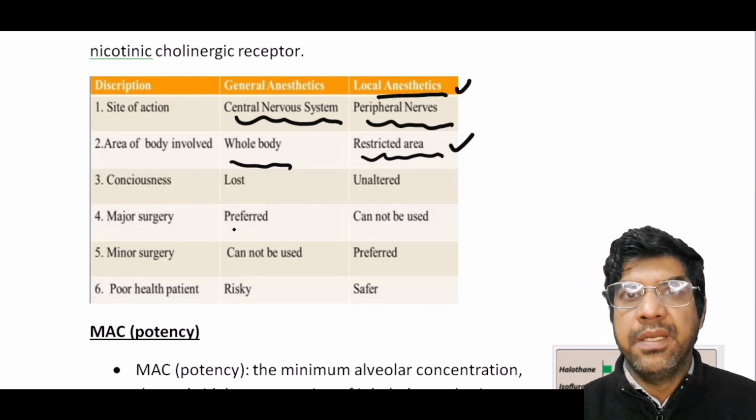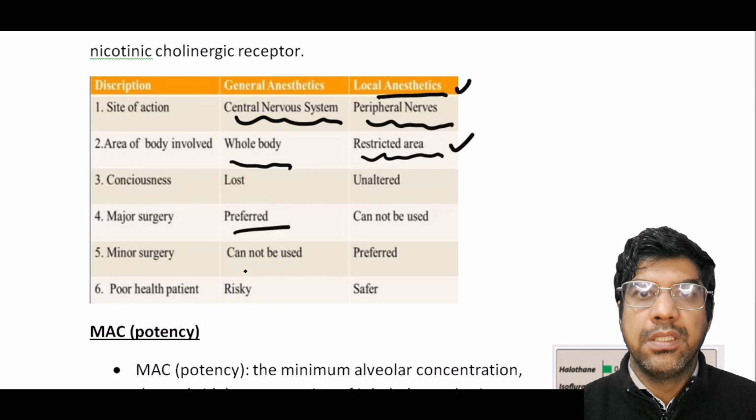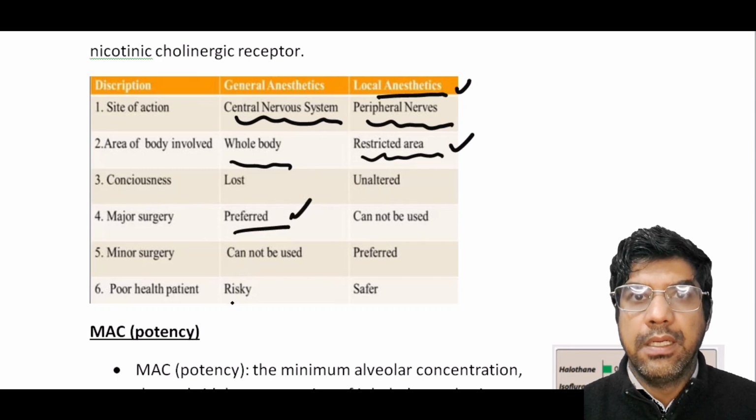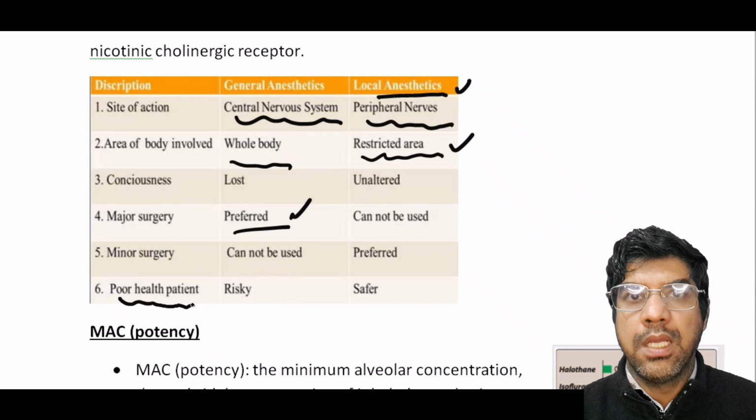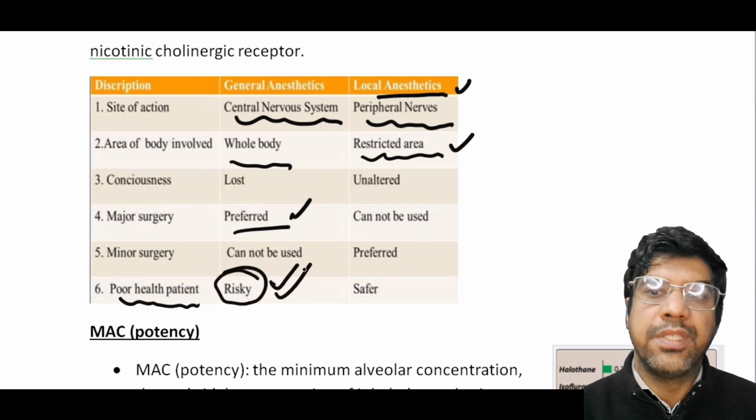The GA is preferred in major surgeries, and in a patient who has poor health, its use is risky.